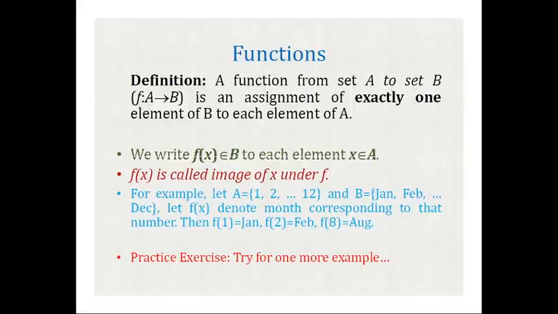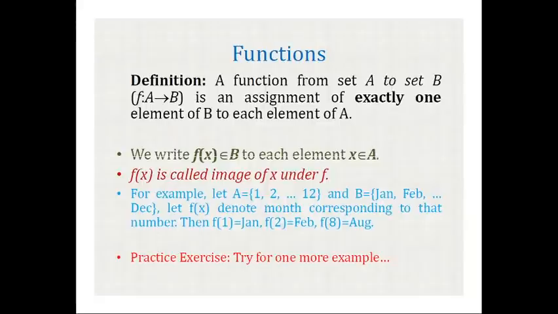Now I have a collection A and a collection B. Collection A is of numbers, collection B is of months. Now I can map with the usual thinking. 1 will be mapped to January, 2 will be mapped to February, 3 will be mapped to March, and so on. This rule will continue. How are we going to map this?